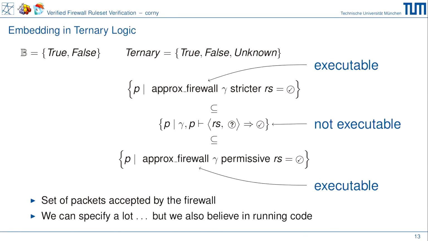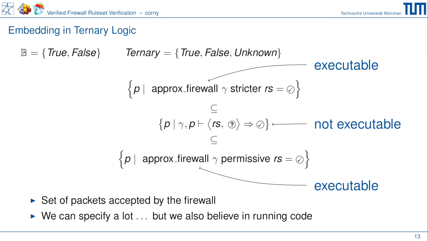Above, we have an under approximation, which is essentially a stricter version of the firewall. And there it's important that we embedded the whole thing in ternary logic, because it's quite impossible to implement all the matching features you have in IP tables in an analysis tool, and I'm not aware of any tool that implements the full set, because, well, the NetFilter team also adds new features with many releases.